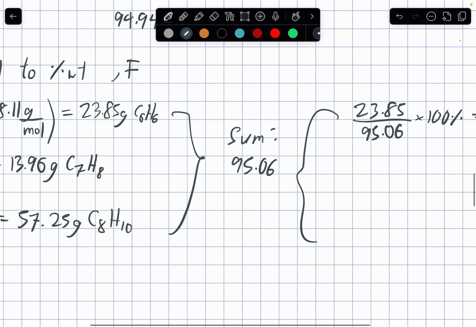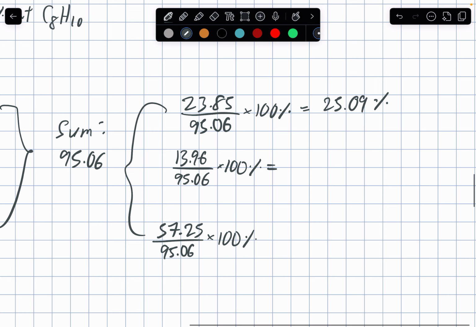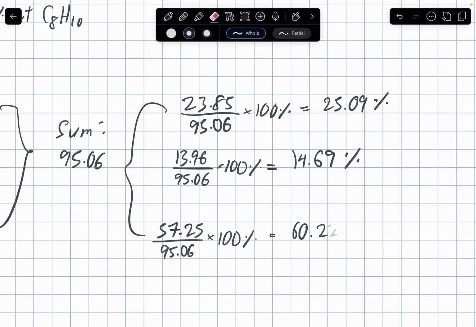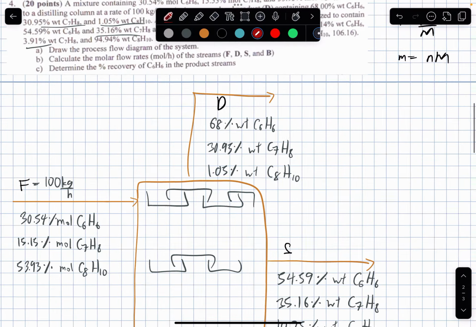Next, 13.96 divided by 95.06 times 100. 14.69%. Next, 57.25, this is 60.23%. Okay.